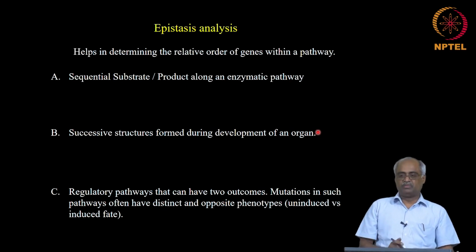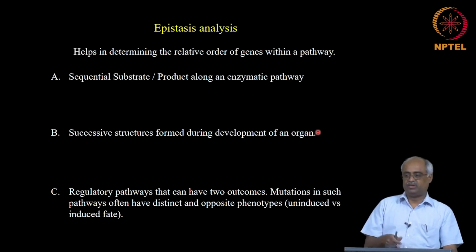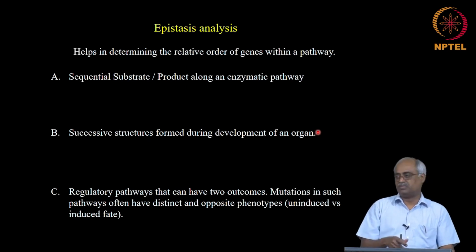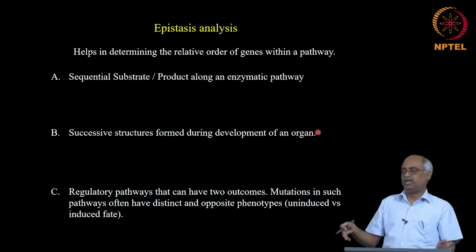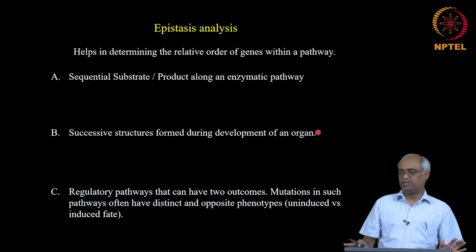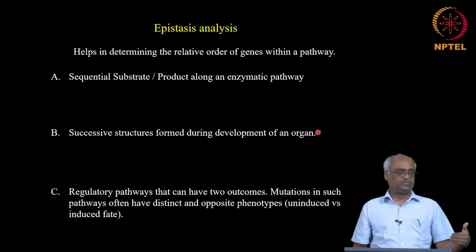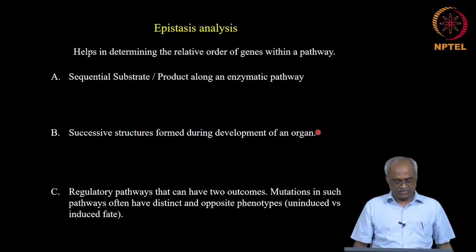So, there could be multiple genes involved in it, like if you have intermediate steps, for every step there may be a protein, therefore, there may be an enzyme, right, a gene, and mutations in any one of them, loss of function in any one of them may have had the final outcome being the same, but you want to know which acts first, which acts second, and that is where epistasis helps.